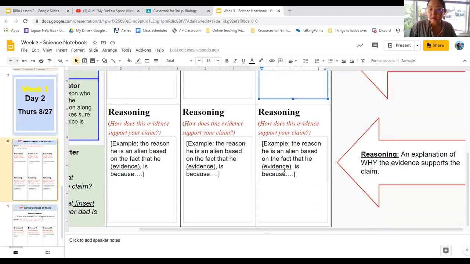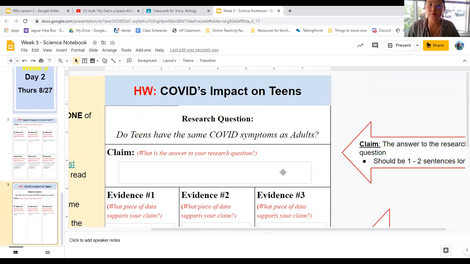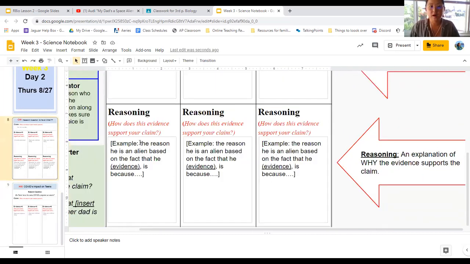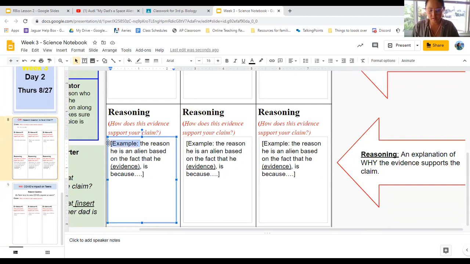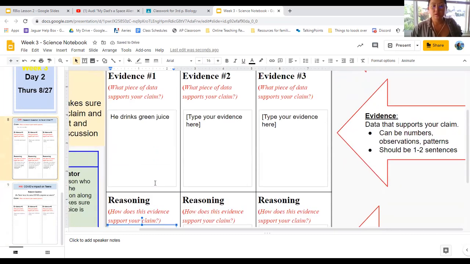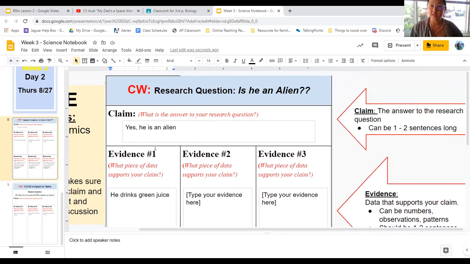Now, in your breakout rooms, I wanted you to do the reasoning part. And the reasoning part is a little more tricky. So I want you to use the sentence starter: The reason he is an alien based on the fact that he drinks green juice is because... what? Why would drinking green juice make that girl think that her dad is an alien?